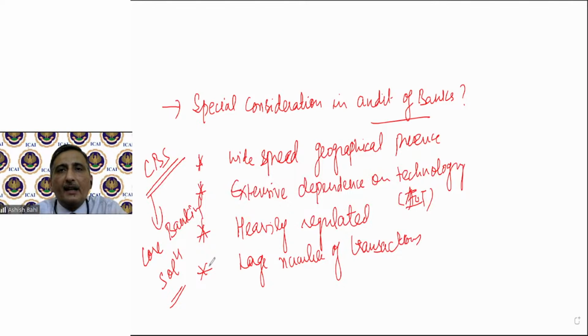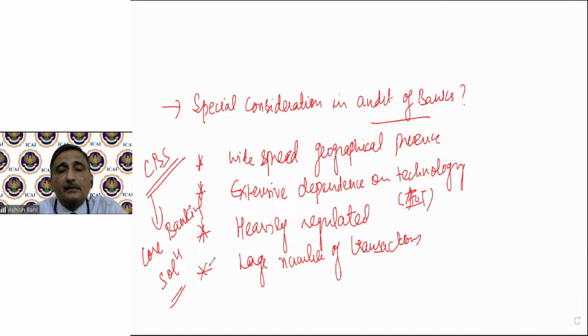So, heavily regulated. You know that the Reserve Bank of India, RBI, is the regulator in the case of banks. Banks are subject to various laws, and they are also subject to the supervision of the Reserve Bank of India from time to time.